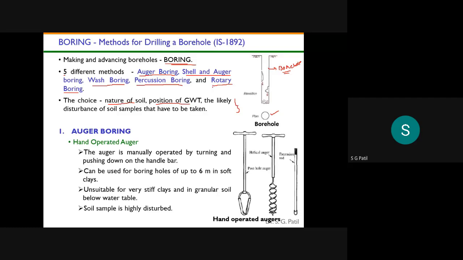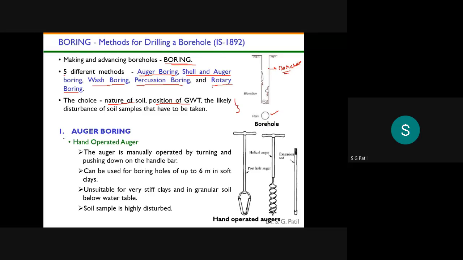No one system is perfect. Depending on your ground condition and what kind of sample you want to collect, you can choose among these different methods. We'll discuss them one by one.